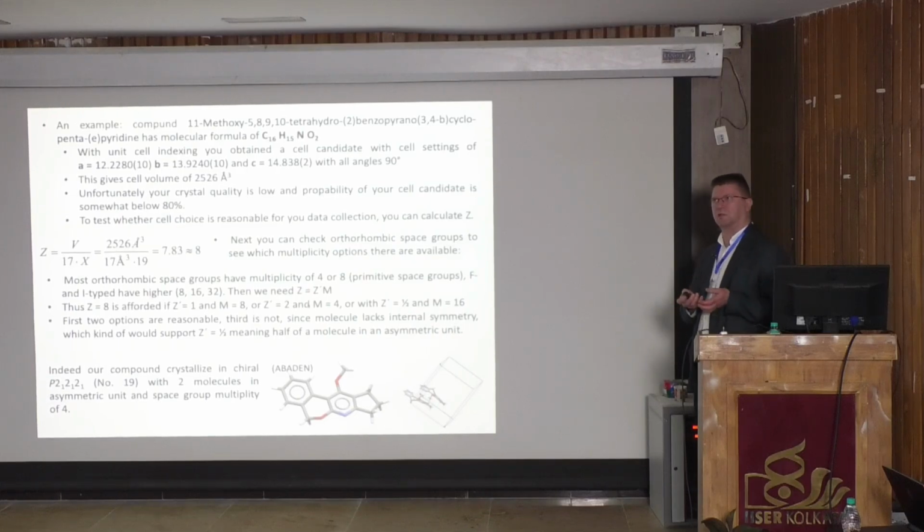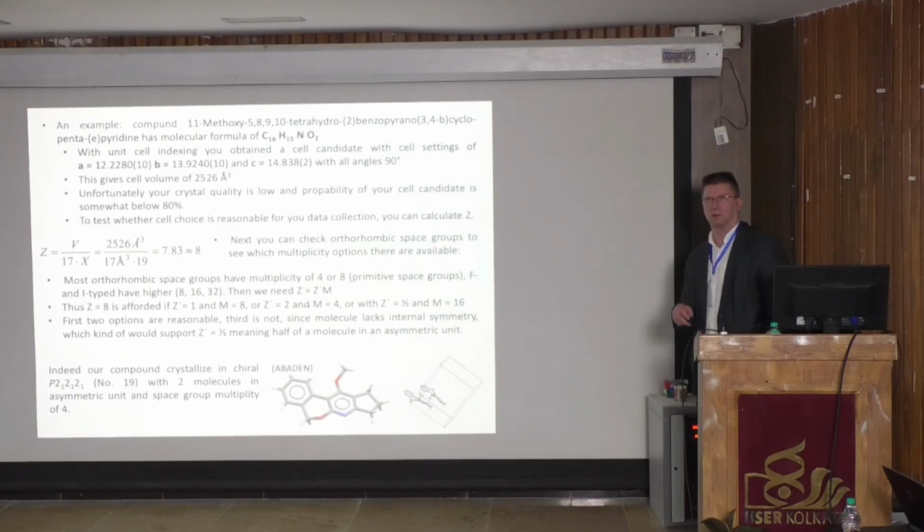We crystallized this and got a nice crystal, put it in a diffractometer, and the diffractometer tells us it has a unit cell of certain dimensions. A, B, C are there and all angles are 90. So you can see that these are not the same as each other, but all the angles are 90 and it's orthorhombic.